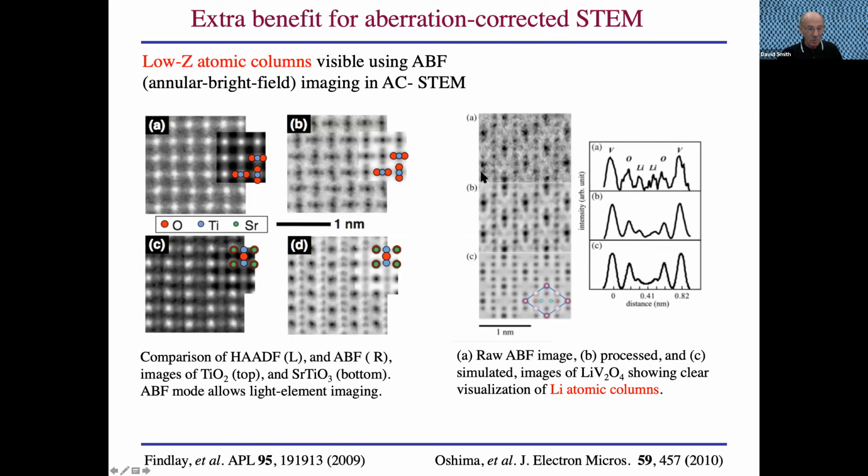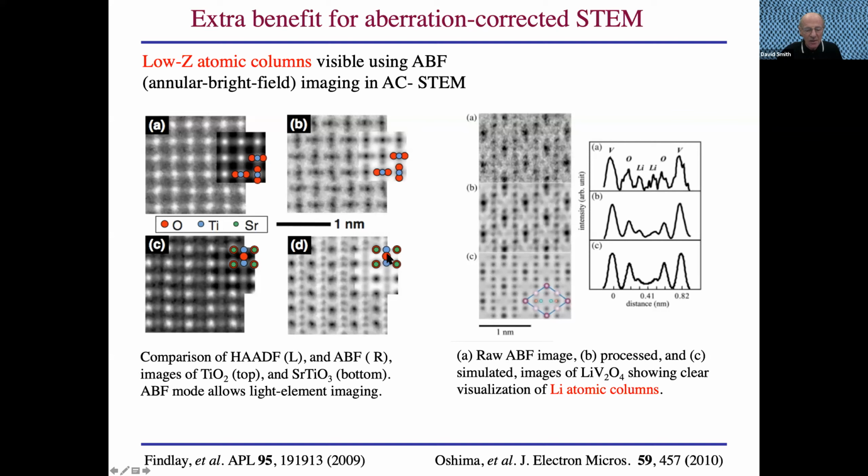And so this gives you lots of opportunity to do some very interesting microscopy. So for example, Findlay and colleagues showed that they could get low Z atomic columns visible in annular bright field. Here is the high angle annular dark field, no real sign of the oxygen columns. Here is the structural model, but if you look at the annular bright field image, you see spots here and here, they correspond to the oxygen atomic columns. Same thing down here in strontium titanate.